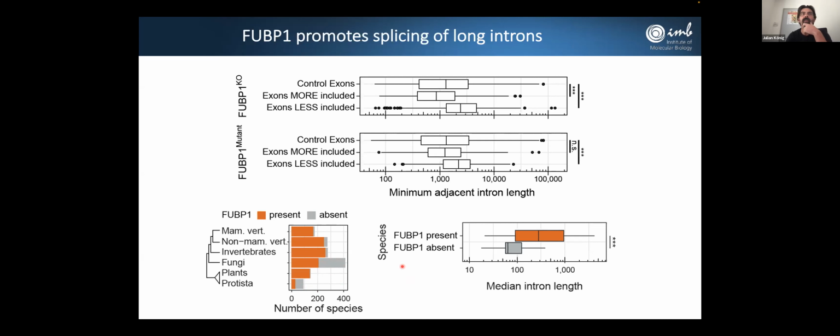And when we compare the median intron length in species where FUBP1 is present versus absent, we see that if FUBP1 is absent, these species usually only have rather short introns, fitting to our model that FUBP1 might be required for the splicing of long introns.